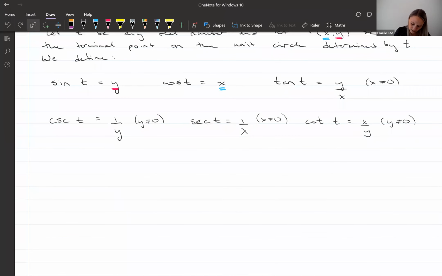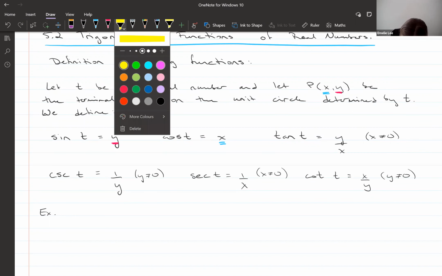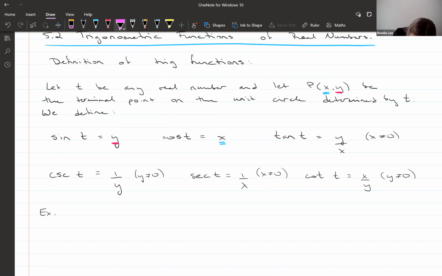Okay. So let's use this, and as an example, find the 6 trig functions. So these are the 6 trig functions that we have. In fact, how about we highlight this nice and bright here.